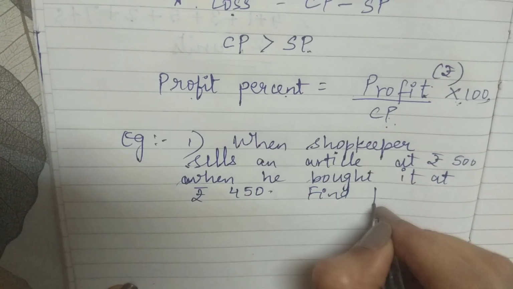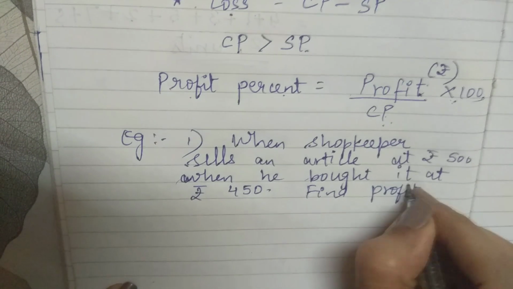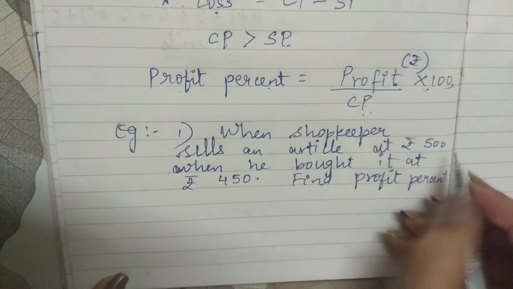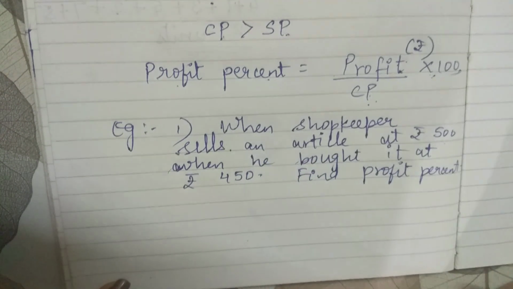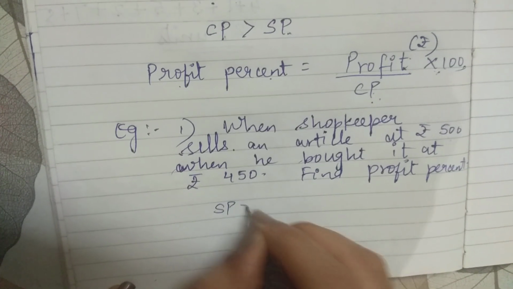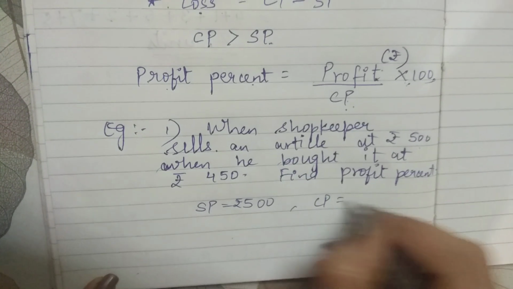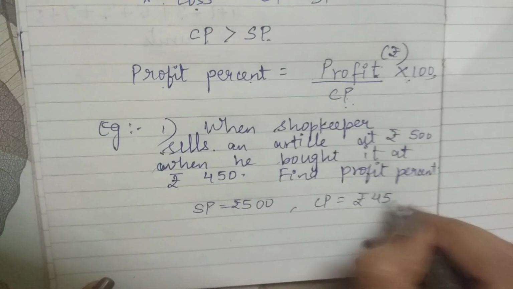Find the profit percent. Okay, so here selling price is 500 rupees, cost price is 450 rupees.